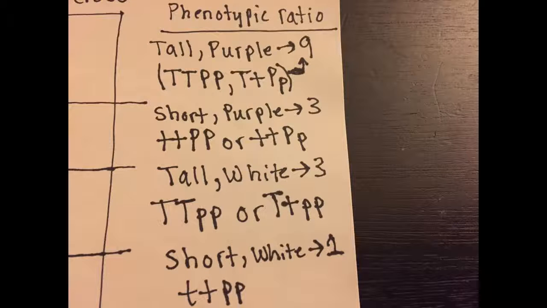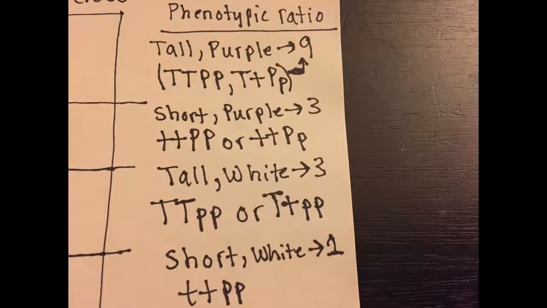So now we have the phenotypic ratio, and one nice thing is when you're doing a dihybrid cross, you always end up with this 9:3:3:1 ratio. And so you see that I have the 9 tall and purple plants, the 3 short and purple plants, the 3 tall and white plants, and 1 short and white pea plant.